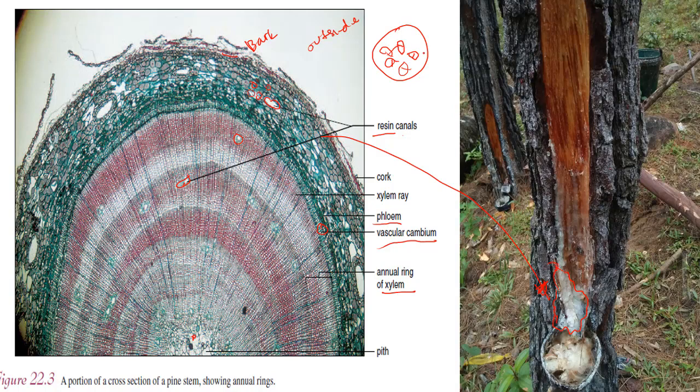There is phloem outside and xylem inside. So again, the structure is almost similar to the dicot, but not literally the same. That's the structure of the stem of gymnosperms.